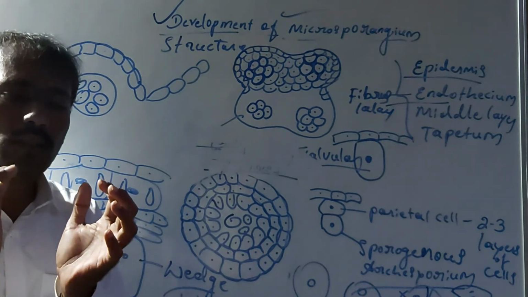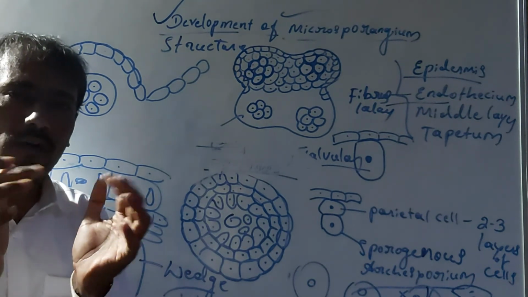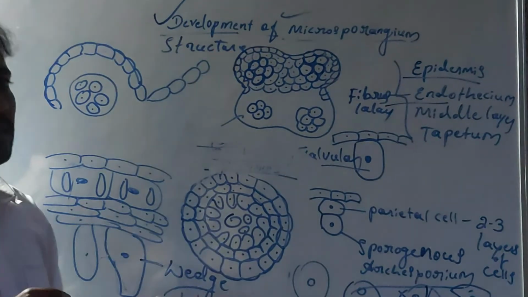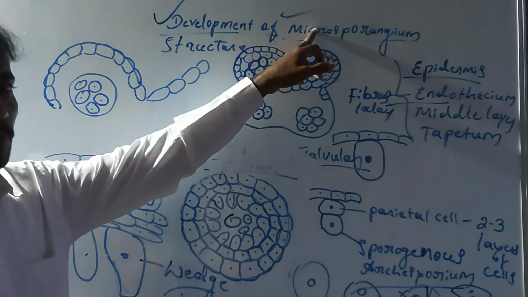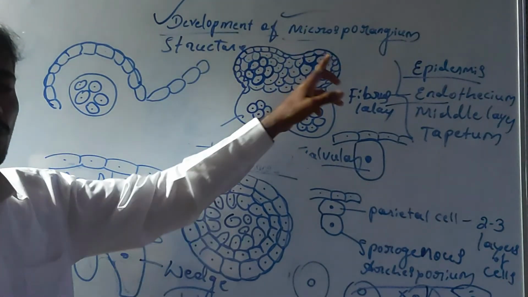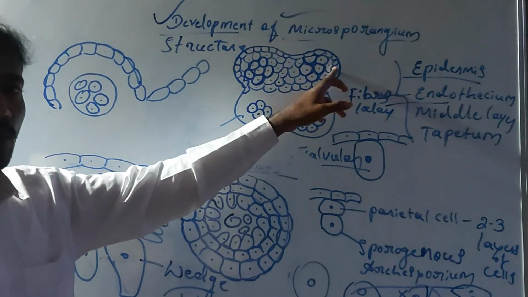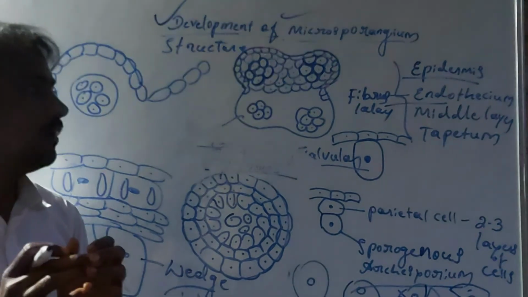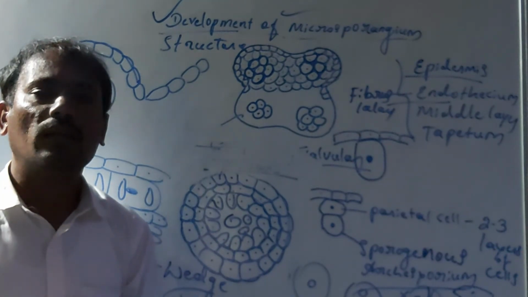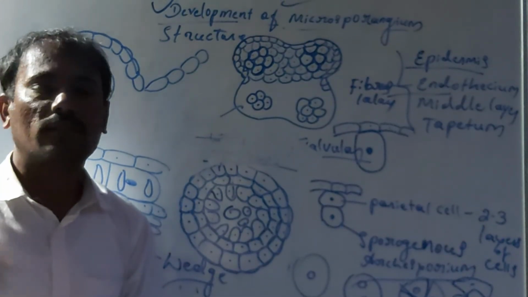Microsporogenesis occurs within the microsporangium of the microsporophyll. So this is the development of the microsporangium, the structure of the microsporangium, and microsporogenesis. I will stop here and I shall continue in the next class. Thank you.